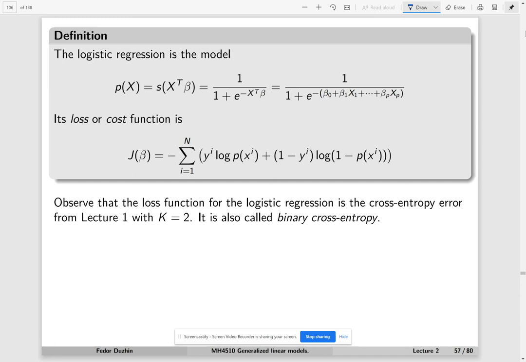It is also called binary cross entropy, because we just have two outcomes. So this is where cross entropy comes from: it is the loss function of logistic regression, because it comes from maximizing the likelihood of observing the data.